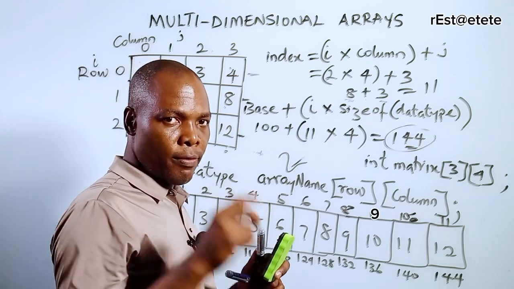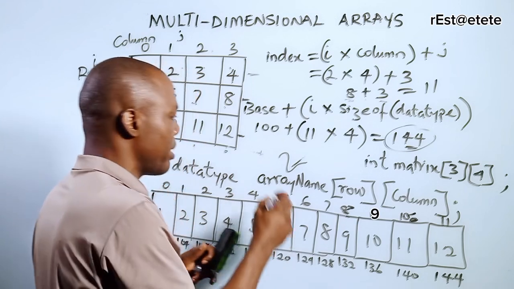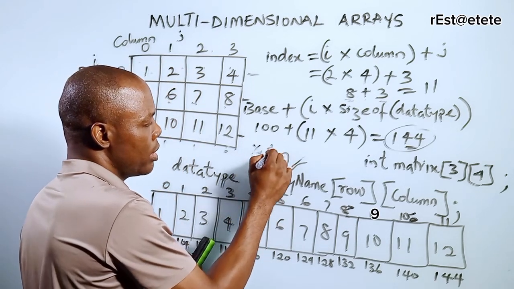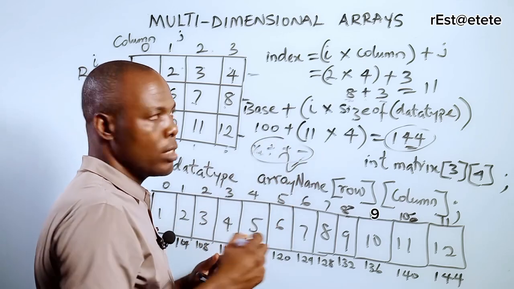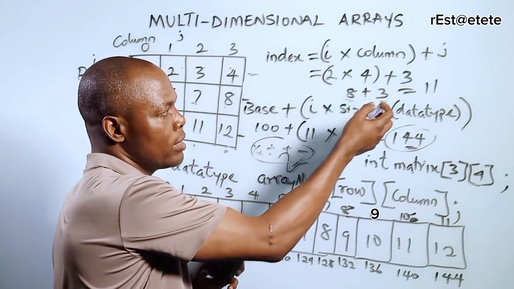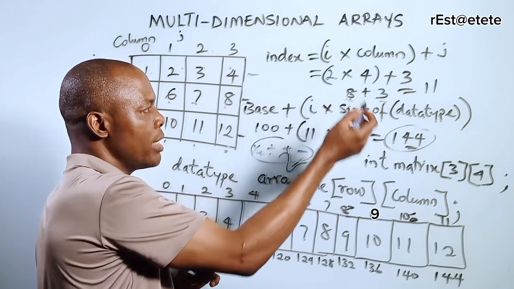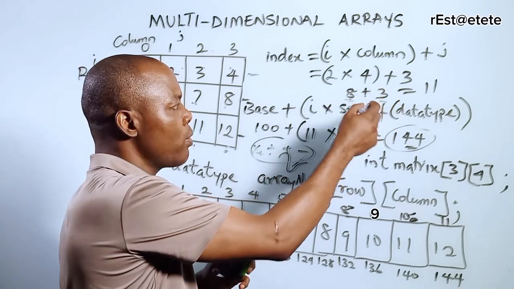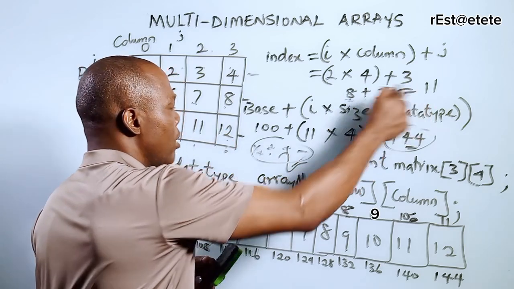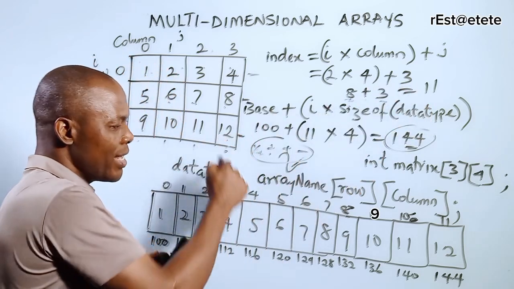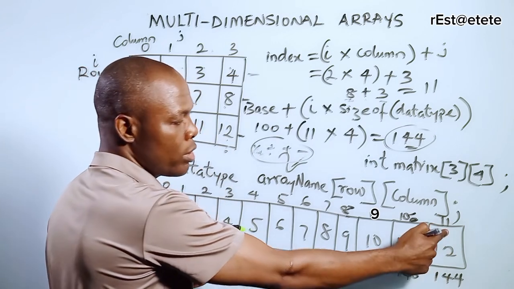Don't forget, the 4 cardinal points of mathematics are what? Multiplication, division, addition, and subtraction. So the simple interpretation of this is that you are jumping 8 elements and then moving 3 steps forward, and it will bring you to what? To 12. But the index of 12 in a linear memory is what? 11.